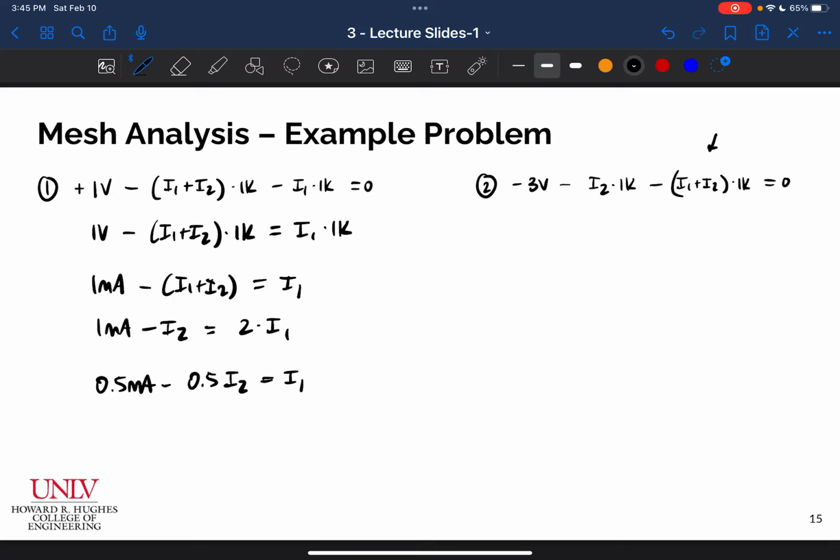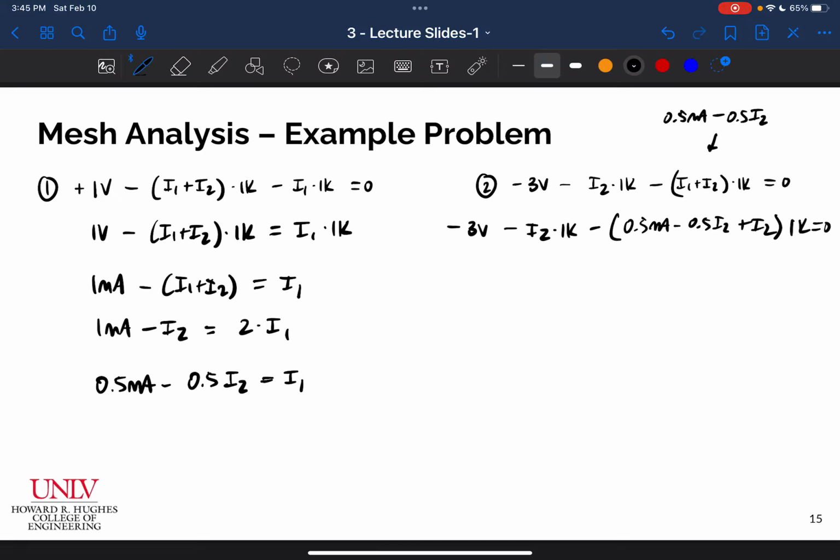I can plug it into this equation, and I would get minus 3 volts minus I2 times 1K minus, and then for I1, let me actually create a little bit more space for myself. I'm plugging in to I1 what I just found, which is 0.5 milliamps minus 0.5 I2. So I'm going to write 0.5 milliamps minus 0.5 I2 plus I2 times 1K gives me 0.